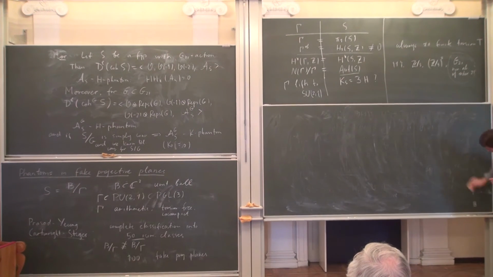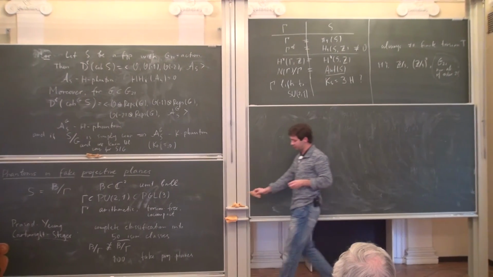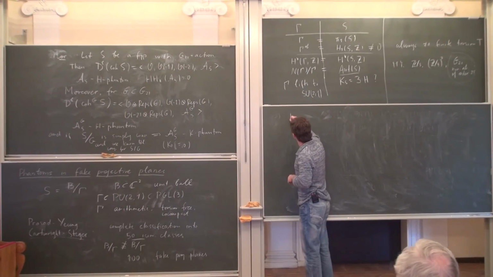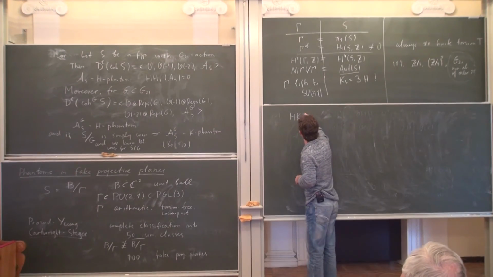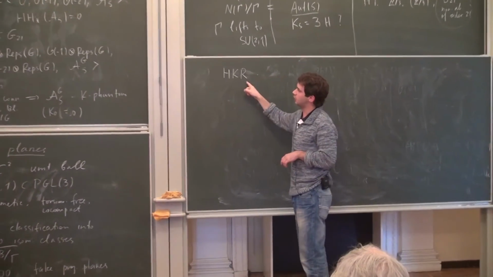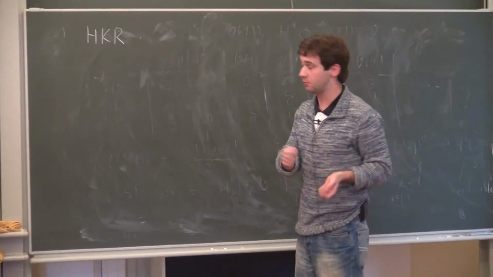Let me comment that this complement in the second line is automatically an H phantom. That again follows from the HKR theorem, which we saw yesterday maybe several times. This basically says that cohomology of the variety can be extracted from its derived category.